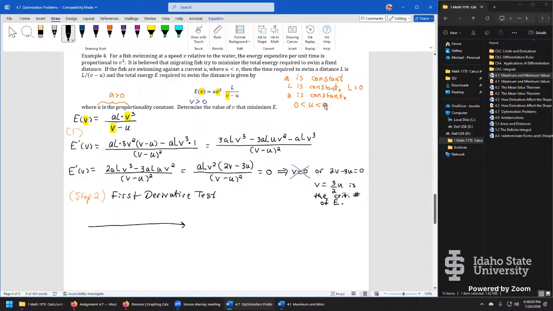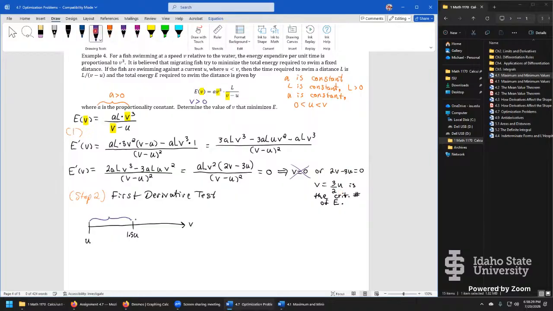But also this time, velocity is strictly bigger than u. Our number line should start at u, excluding the u value. This is a line for v, the velocity of the fish. And the critical number we found is 3/2 u, which would go here. I'll write it in as 1.5u. I think it's a little bit nicer to visualize.